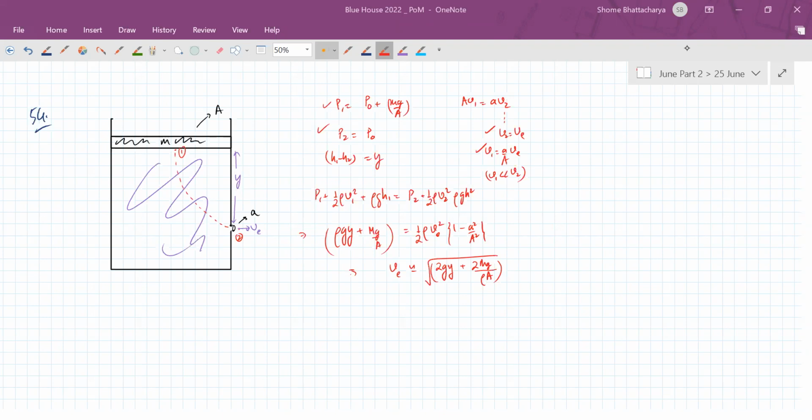And V2 is efflux velocity, V1 is this. Understood, na, Jagannath? Why this is like this? Okay, next. Any other question from the module?